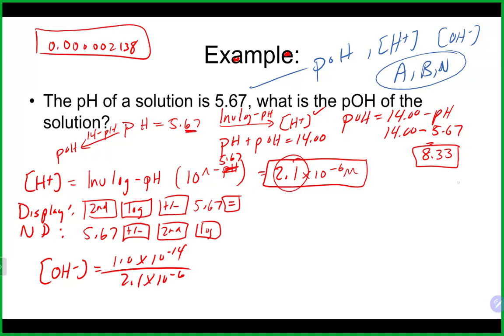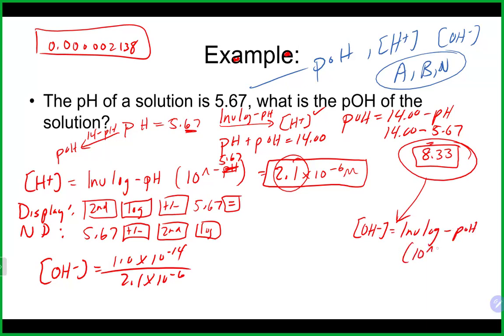I could also, since I have the pOH, do the inverse log of the negative pOH, punched in pretty much identical to the previous one, just using this number here. Either of those should get you to the same destination.